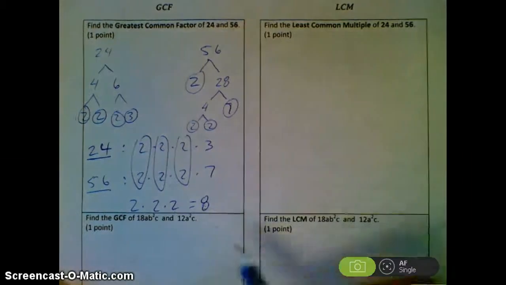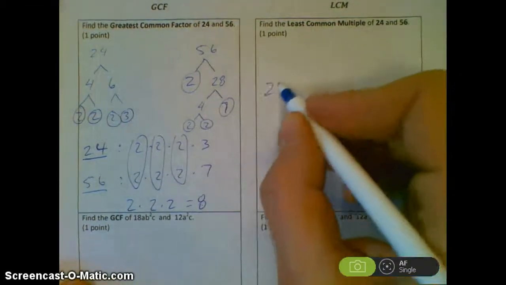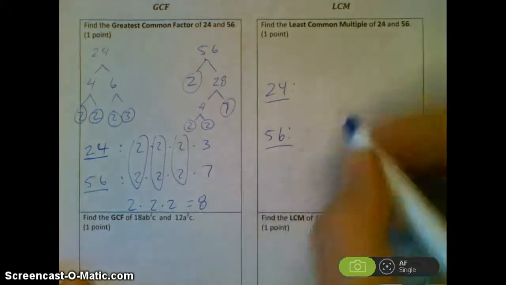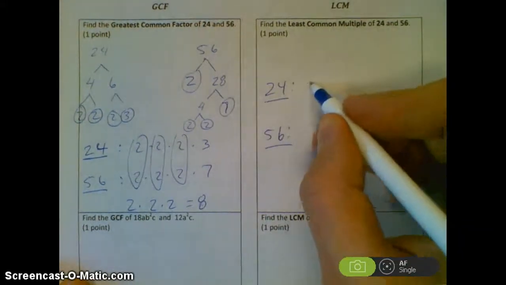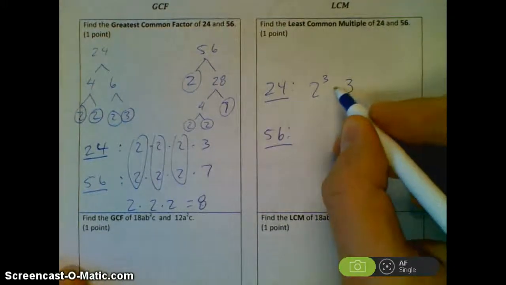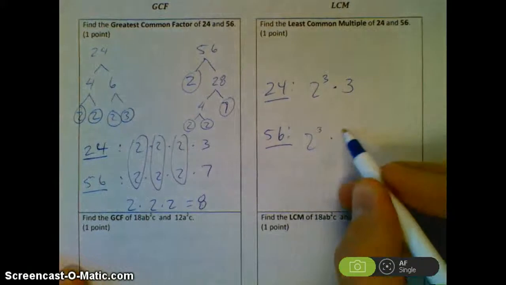a smaller answer. Now, least common multiple, I can use the prime factors again, but this time I'm going to write them in exponent form. I don't really have to, but I think it makes it easier. 2 to the third times 3 and 2 to the third times 7.